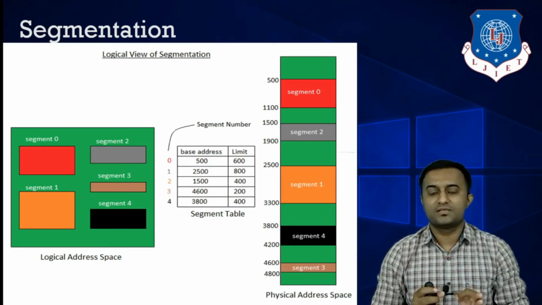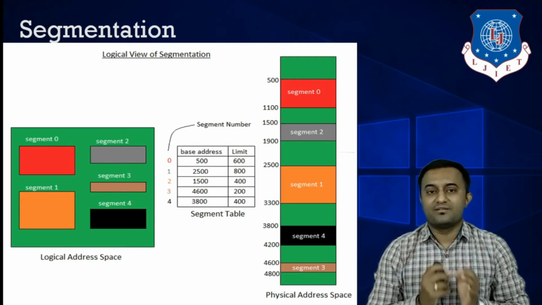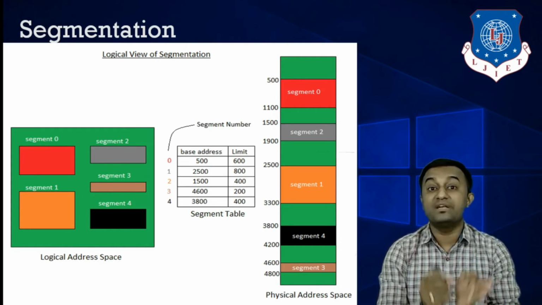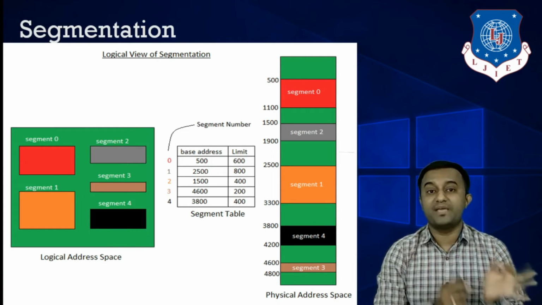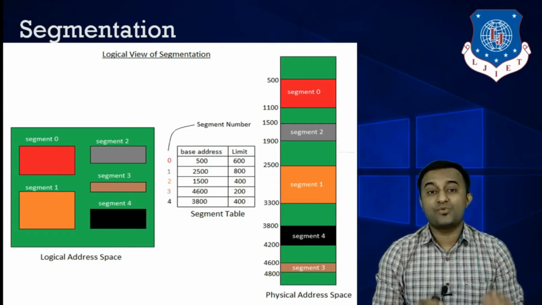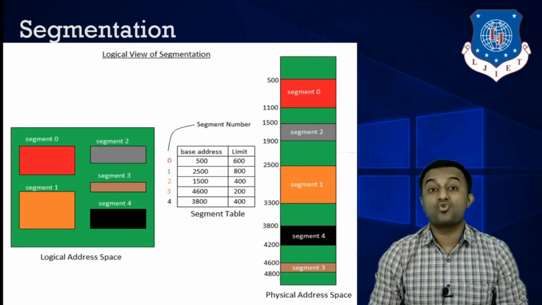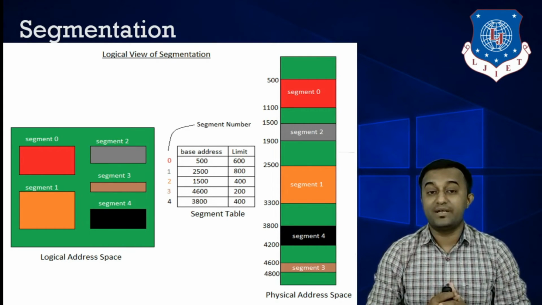Let us discuss one more data structure that we are going to use in segmentation, which is nothing but the segment table. As we have discussed the page table in paging, in the same way in the case of segmentation, we need to have one more data structure which is stored in main memory itself. That is nothing but the segment table.